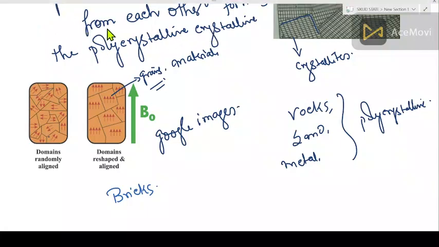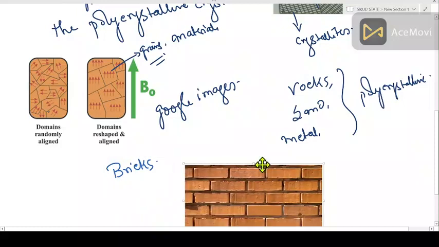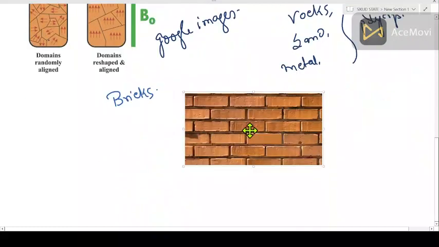When you are considering bricks, these bricks are prepared in brick kilns. And what you see is that it is nothing but a collection of soil, soil that is mixed with water and heated in a kiln.